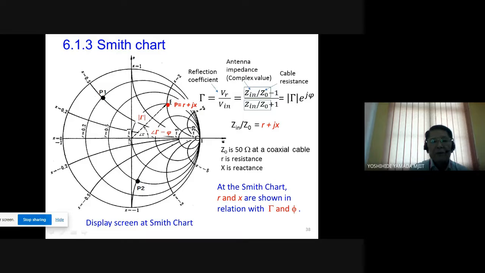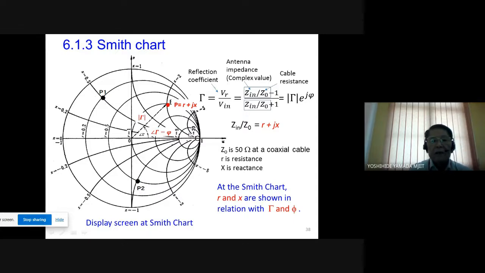This is a good position for matching. So from this R equal 1, R is divided by the impedance. At this point, the antenna impedance becomes the same as the feed impedance. If that is 50 ohm, this point becomes 50. And this point becomes 25 ohm. This is 10 ohm. This is 0 ohm. And this is increasing.